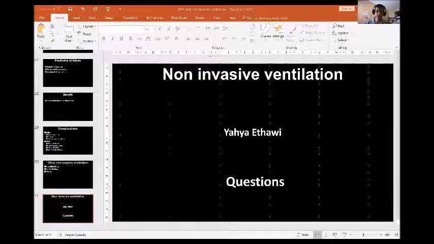A CPAP that has its own compressor is only meant for adults, because it can give you a flow up to 60 liters and down to 8. So never ever use CPAP with its own compressor. Even if the company said so, these are not for pediatrics, and that's why they are cheap.